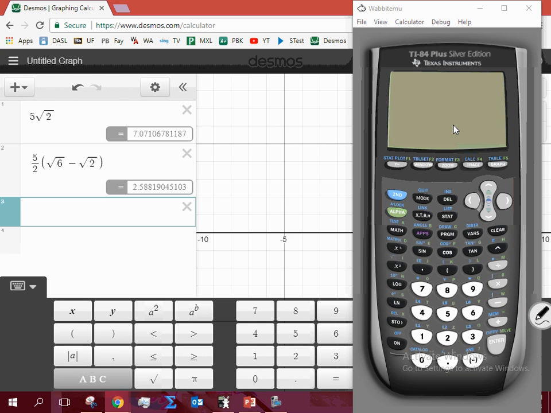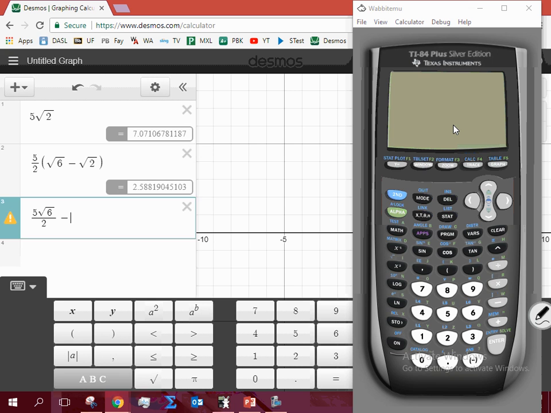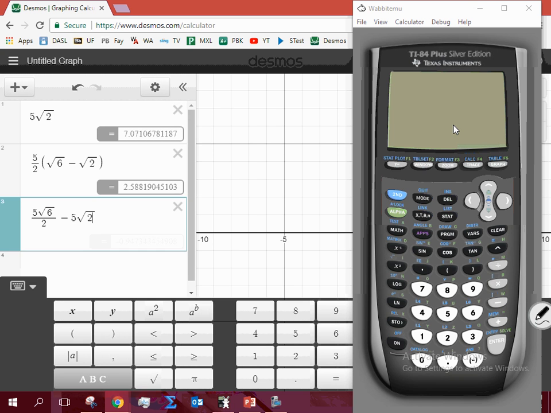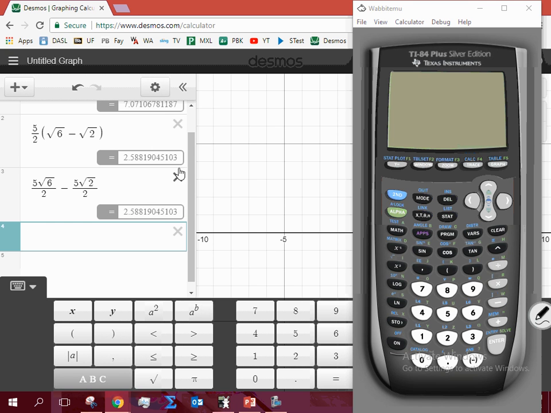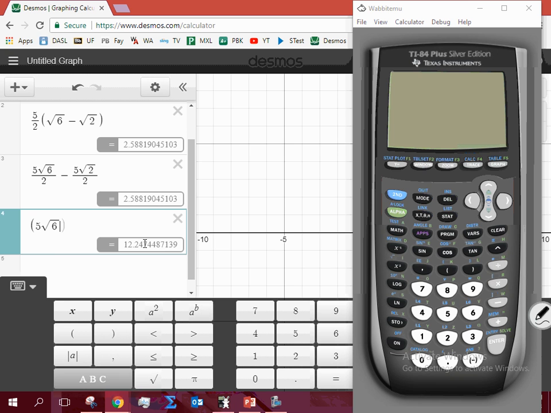So I get that number, and just to prove to you that that's the same thing, if I type 5 square root of 6, then divide by 2, is that the same thing as 5 square root of 2 divided by 2? I know some of you might not be able to see, but those two decimals are the same thing. Okay. And if I type 5 square root of 6 minus 5 square root of 2, put that parenthesis in, now divide the whole thing by 2.